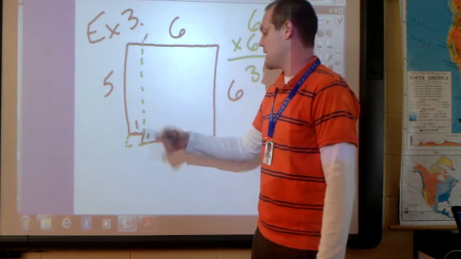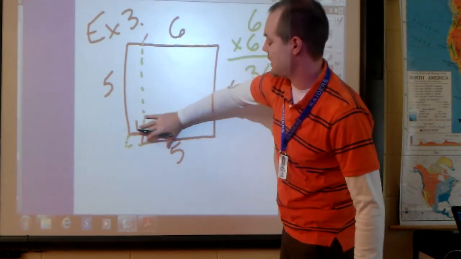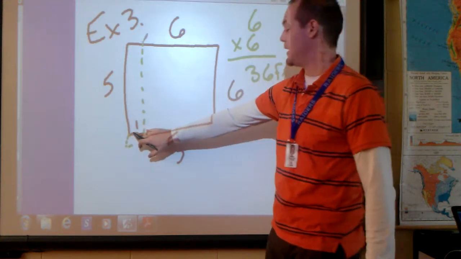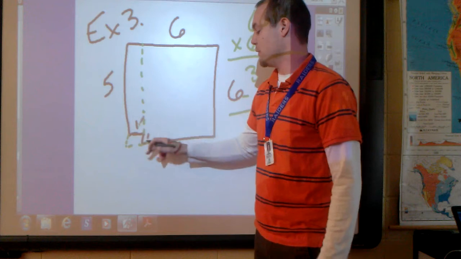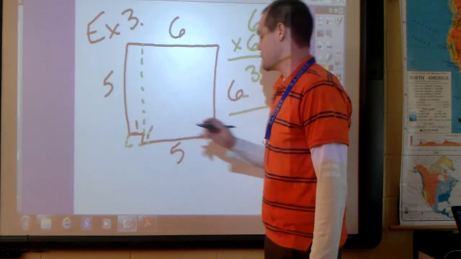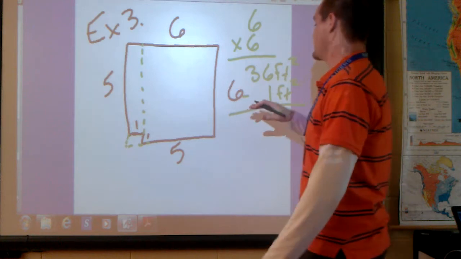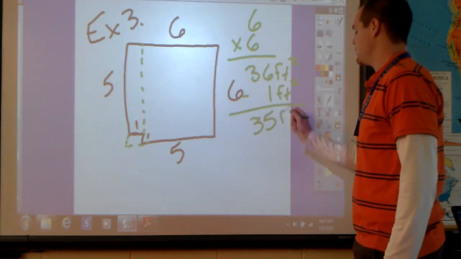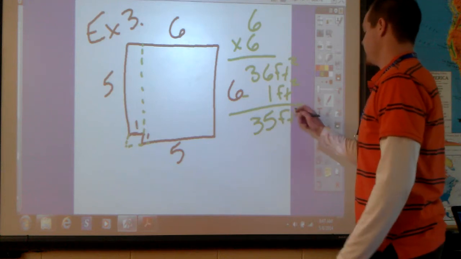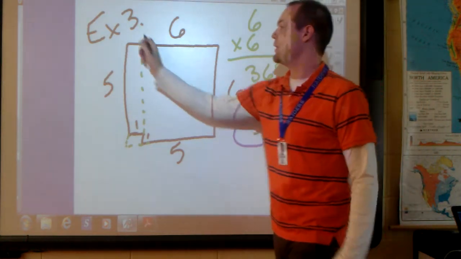So I'm going to take 6 times 6, get 36 feet squared for this entire object, including the missing space, and I'm going to subtract the area of this small space. 1 foot times 1 foot is 1 foot squared, and subtracting 36 and 1, I get 35 feet squared. Okay, and that's our answer for example number 3.